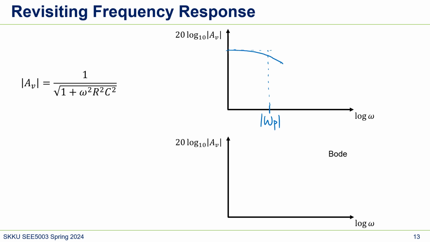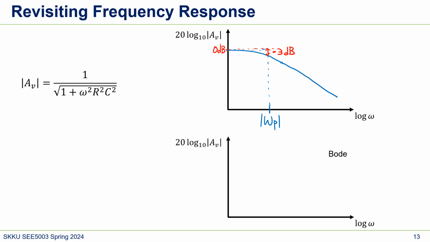It's just like this, and at this frequency we're seeing the gain degradation, I mean power gain degradation, by 3 dB, and here is 0 dB, so it's minus 3 dB.